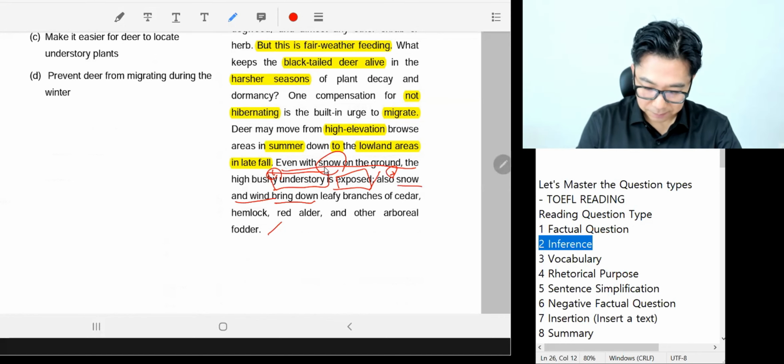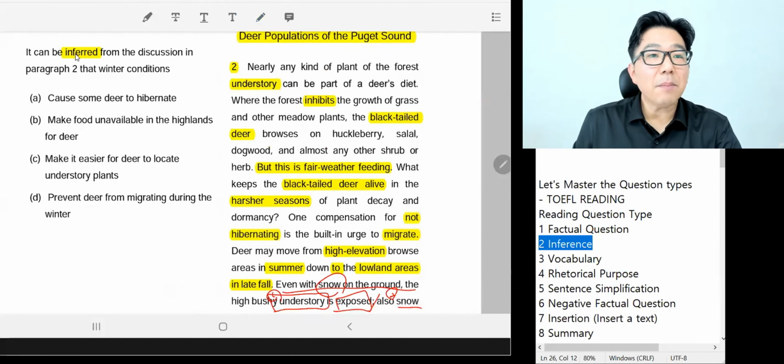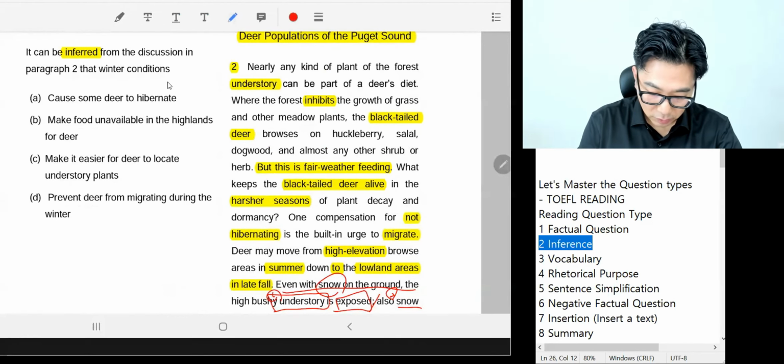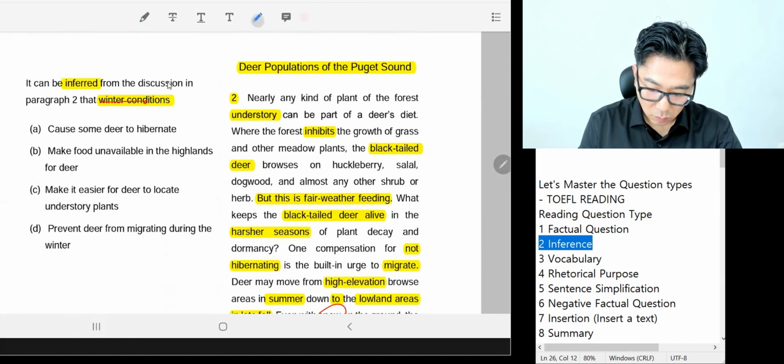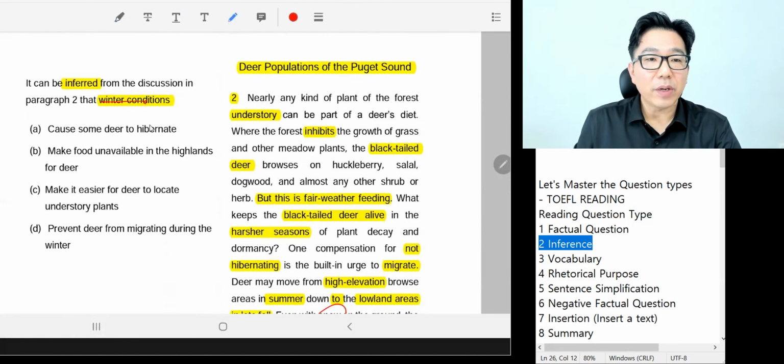Let's solve the question. All right, it can be inferred, so inference question, from the discussion in paragraph 2, the winter condition. All right, so inference question. So every time we need to identify what question type it is when we solve the questions from TOEFL reading.